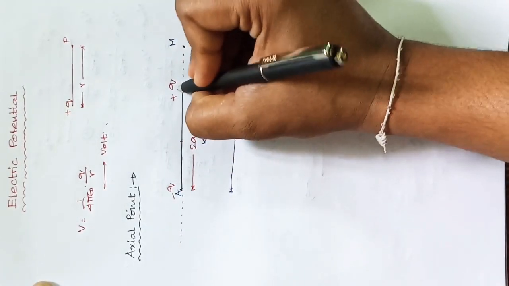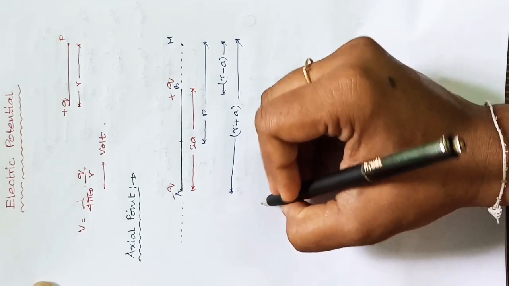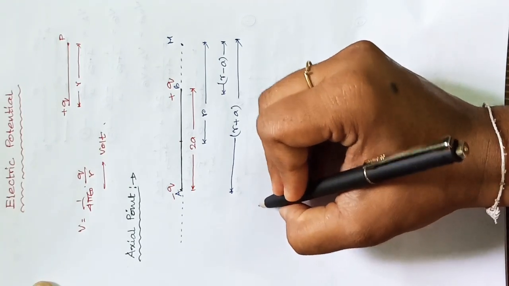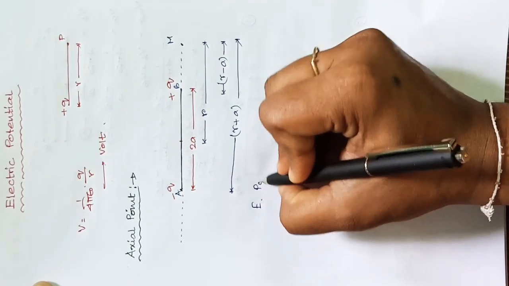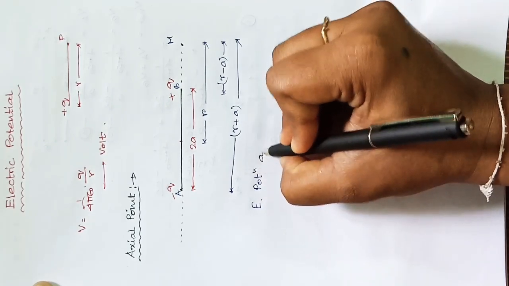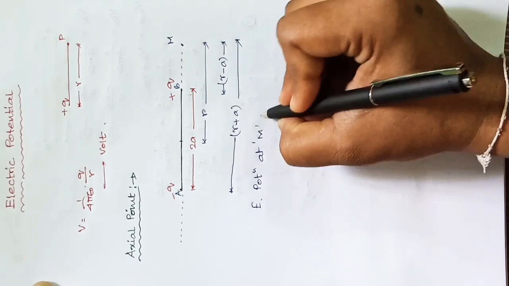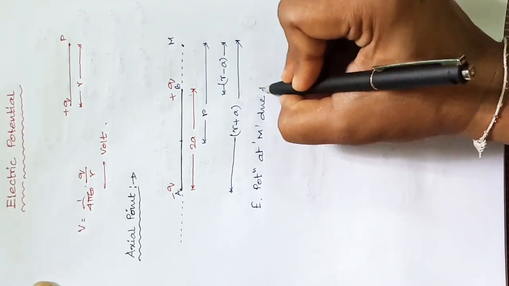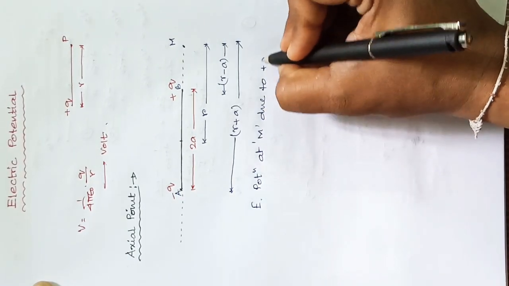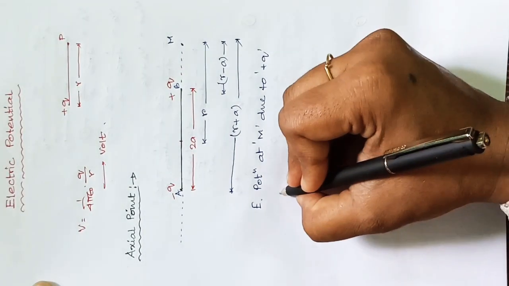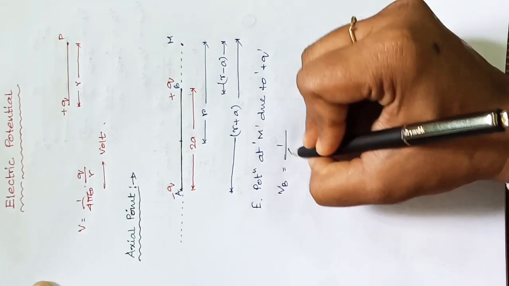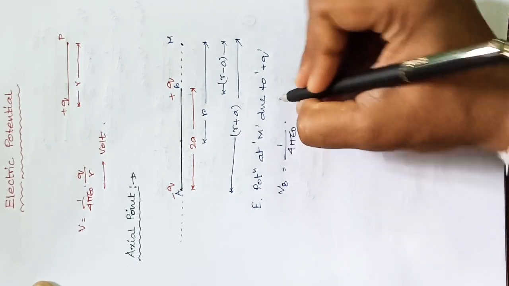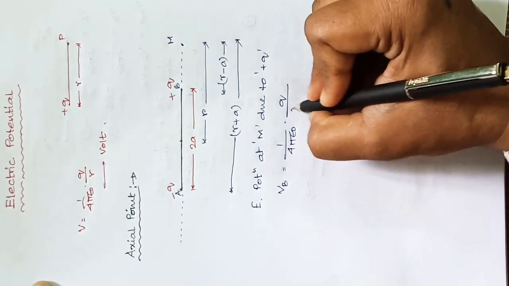Now marking it AB. The electric potential at the point M due to this plus Q charge, suppose VB, will be 1 by 4 pi epsilon naught Q by r minus a.